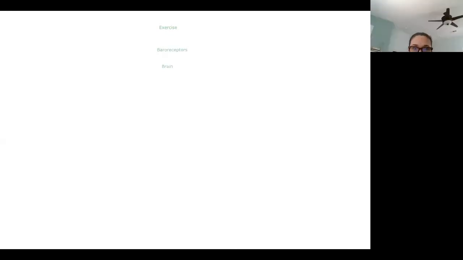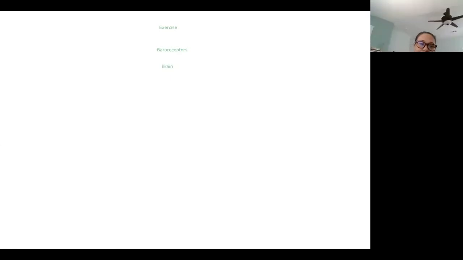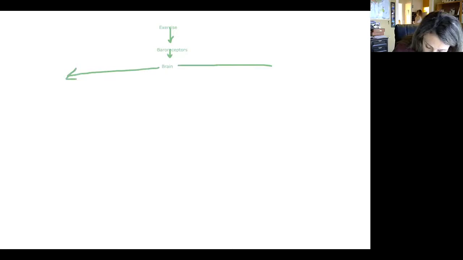Should we write that small as well? Is there going to be a lot of stuff on this page? Yeah, this is going to fill up your page. Okay, so I need to draw the arrows in here. Exercise will trigger the baroreceptors to send that information to the brain. The brain is going to respond in two different ways.